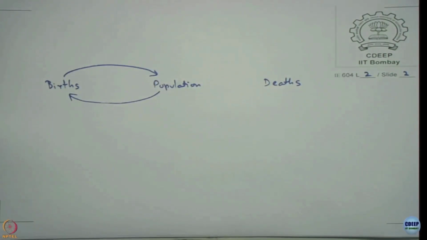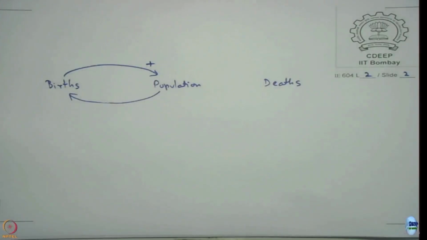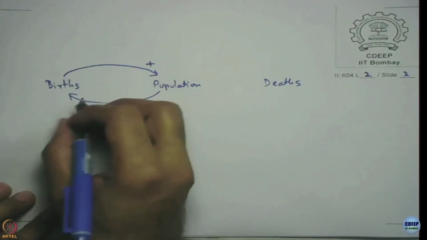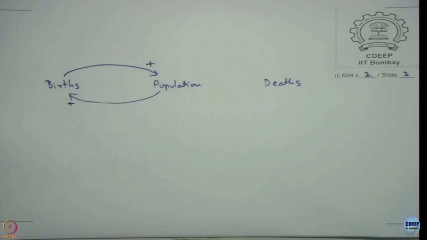As more births happen, the population increases. So, same direction, let us use the symbol plus. As more population is there, more births will also occur. So, direction is still the same. So, we will put a plus. As more population is there, we can expect more deaths to be there, right.